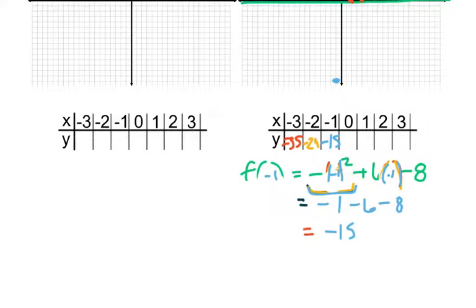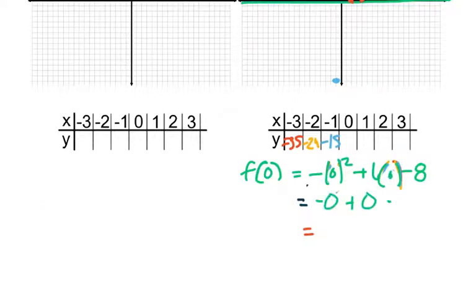Then if we plug in 0, oh yay, because zeros are so much easier. Basically what happens with a 0 is that everything that has a variable next to it ends up canceling. So notice that we'll have negative 0, or 0 plus 0 again, minus 8. So negative 8 is our 0 value. So let's see, 1, 2, 3, 4, 5, 6, 7, 8.